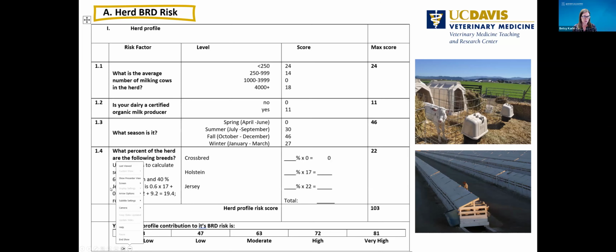We did see that crossbred animals are lower risk, which is not surprising, but again, not something that people are necessarily changing management practices on. And then average herd size did have some correlation to respiratory disease risk. And just something that we observed to kind of be a baseline risk score for a dairy.